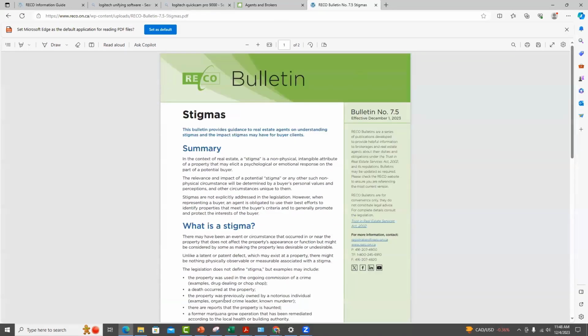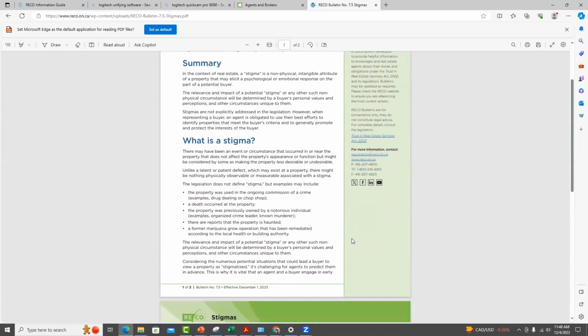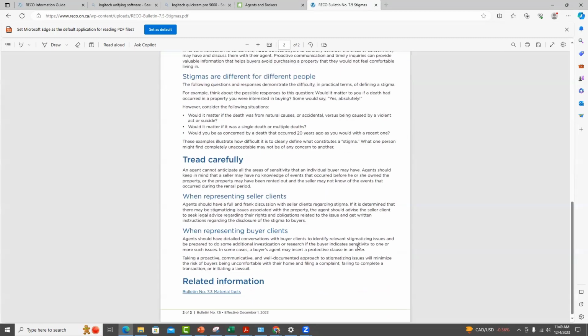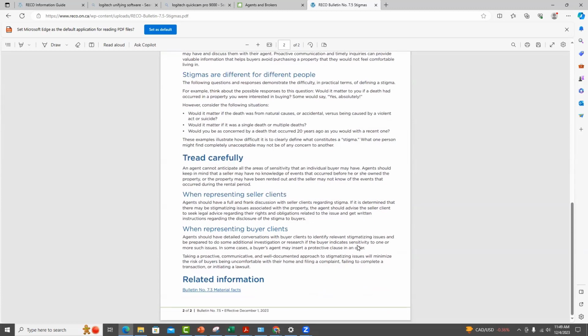So I was really happy to see that. Here's the stigma. There it is. Yeah, yeah. And I know there's a lot to read there, but it's in there somewhere. Anyway, just so that you know, now your guideline is the law versus a higher standard than was expected of the consumer.